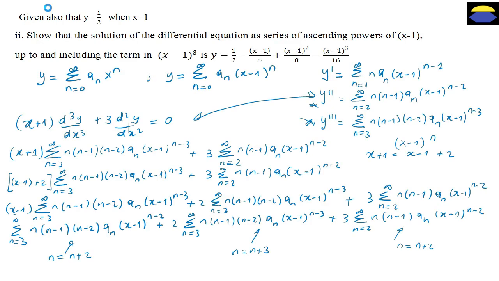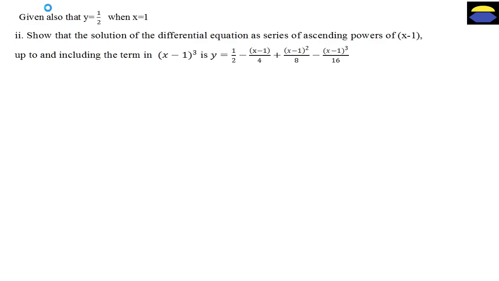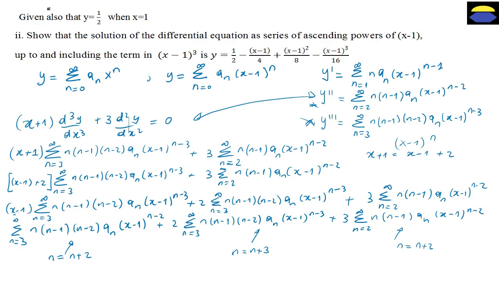So I copy what I had from the previous slide. I had the sum from n equals 3 to infinity. So let me just come back to the previous slide. So I have n minus 1, n minus 2, a sub n, x minus 1.